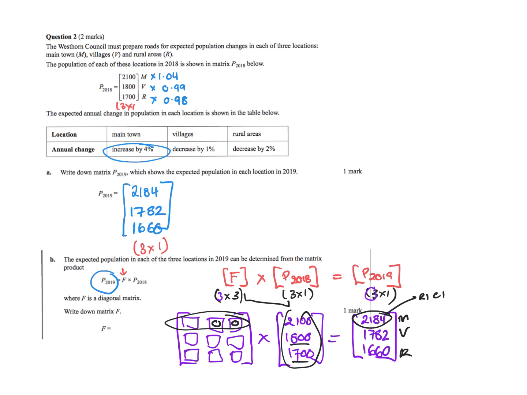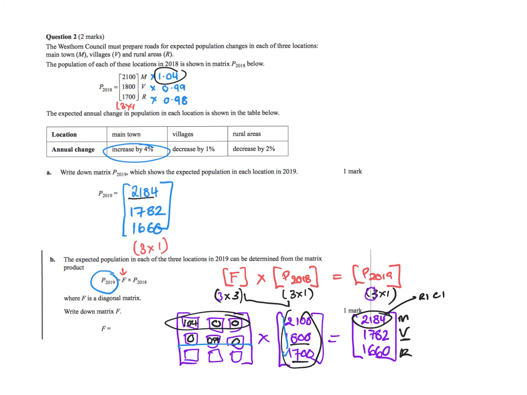Now, what did I need to multiply that 2100 by to get it up to the 2184? So in here goes 1.04. Now, in the second row, in the villages, I only want the villages to be affected. So that would be this middle number, won't it? So I'm going to put 0.99 in there, and these two will be 0. Because when I multiply this row with this column, see how the 0.99 will be multiplied with just that 1800.